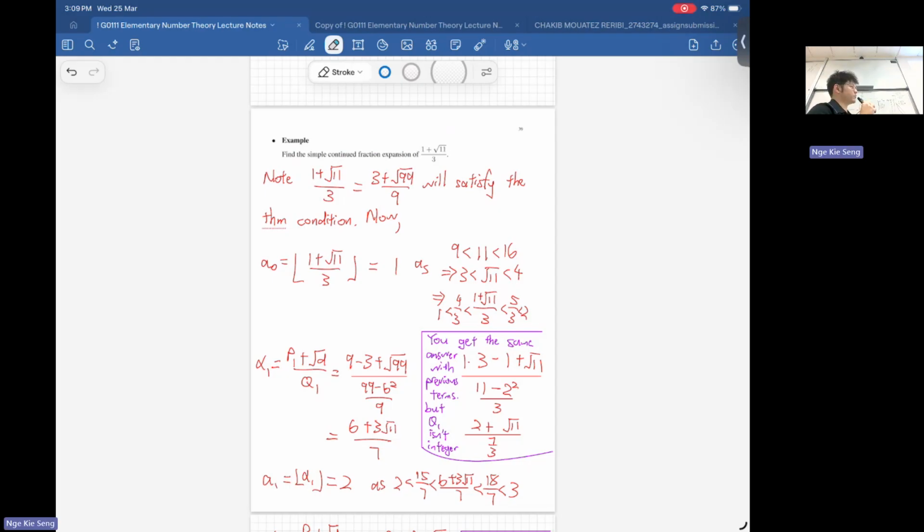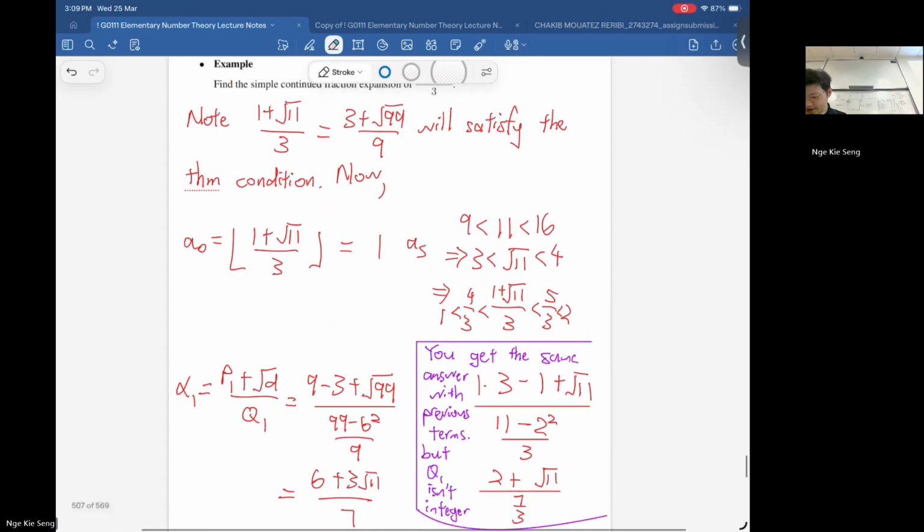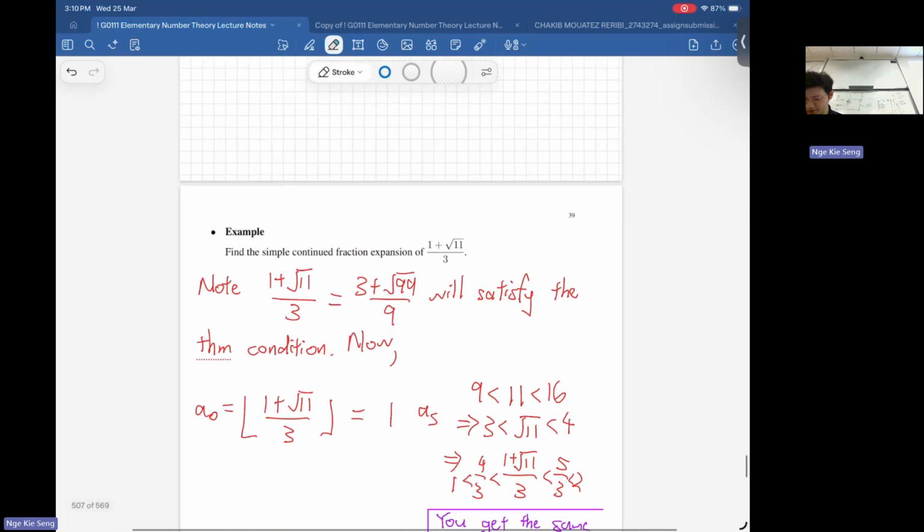Although it's very repetitive, it's very easy to make a mistake, and you don't know where to find the mistake sometimes. So you need to be really careful when you do it. If you have an answer to check, then that's very good. But usually we don't have an answer to check. Okay, so let's see how it goes.